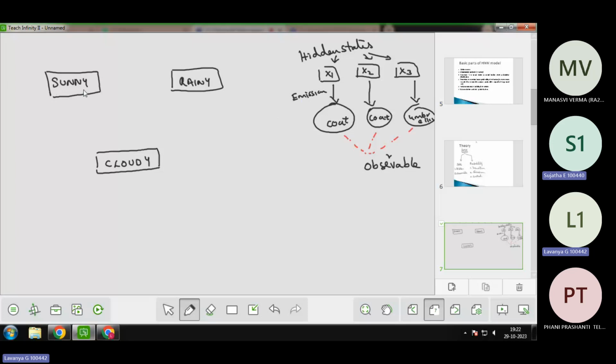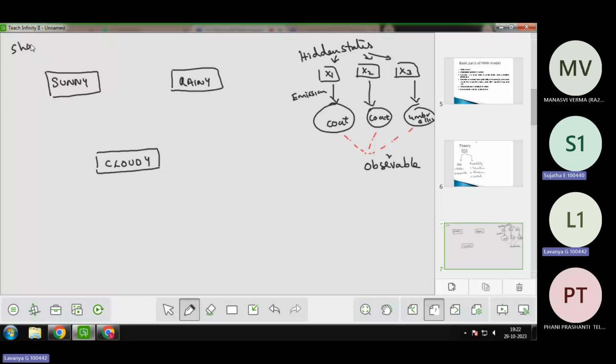Let us assume we have 3 hidden states, sunny, rainy, cloudy, and for all the 3 hidden states we are going to have 3 outputs, that is wearing shorts, a coat, or an umbrella. What is the probability that a man wears shorts on a sunny day? He wears a coat on a sunny day, and he carries an umbrella on a sunny day. So how do I represent?